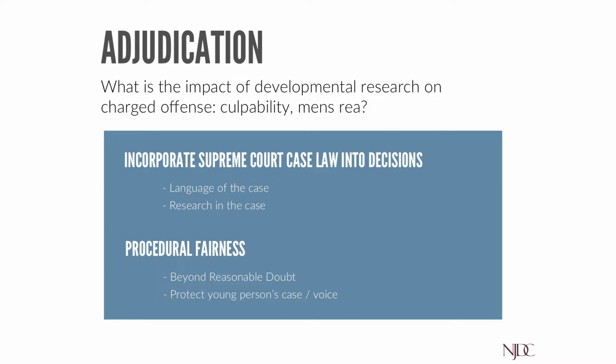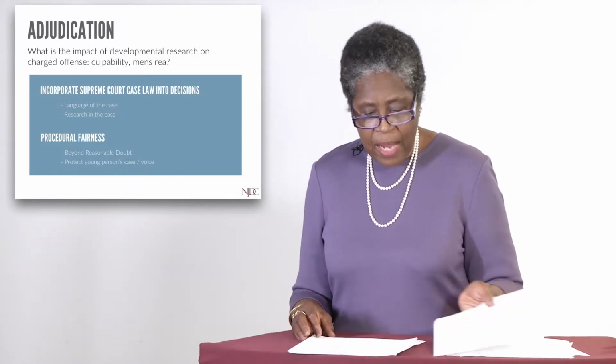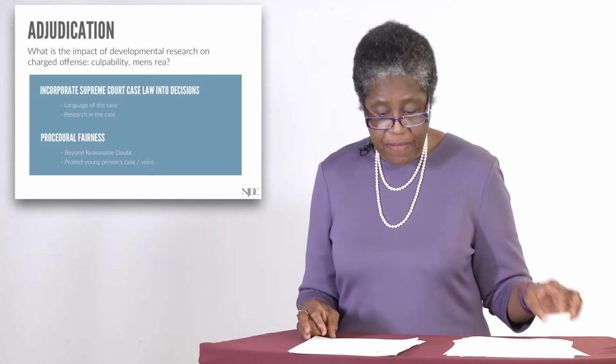That means making sure of procedural fairness, that the child is proved guilty beyond a reasonable doubt, and holding people accountable for doing that. Making sure the young person has an opportunity to present their side of the case, and a meaningful opportunity to interact with their attorney, so that adjudication can be a fair process as well.